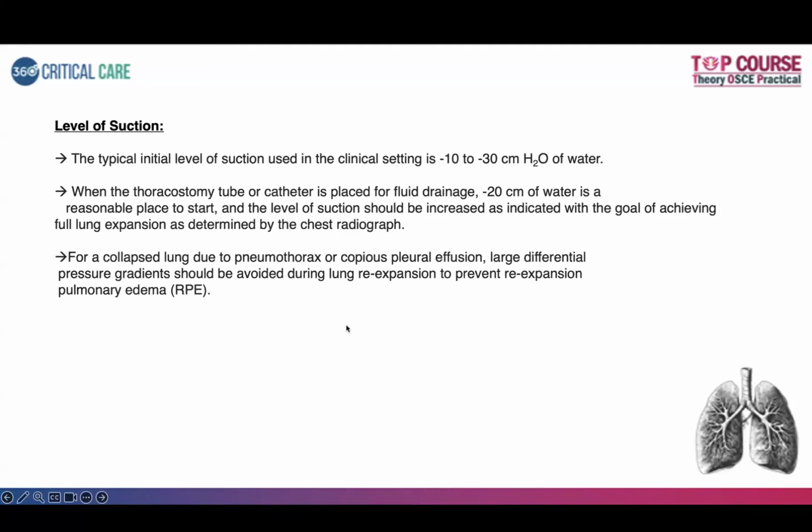For a collapsed lung due to pneumothorax or copious pleural effusion, a large differential gradient should be avoided during re-expansion to prevent re-expansion pulmonary edema. If suction is not ordered, ensure that the suction port is left open.